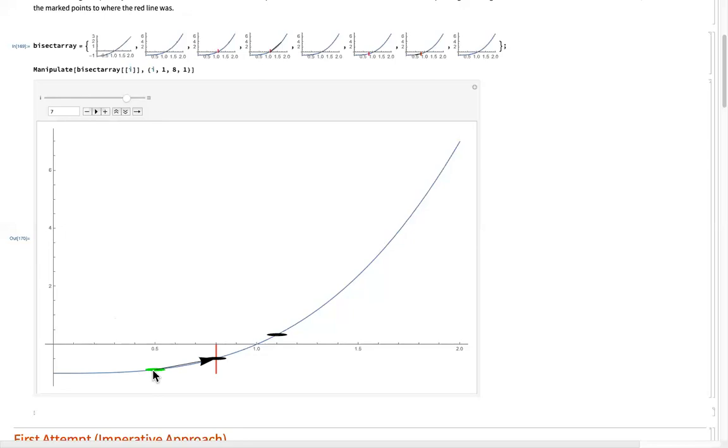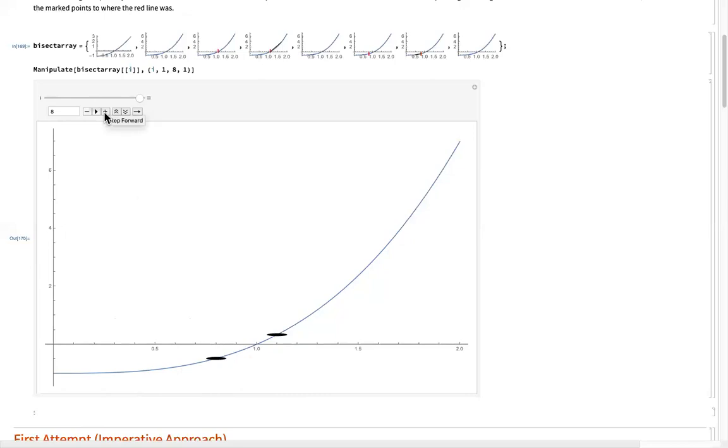Okay, so the lower point was over here at 0.5 and has now been moved up. And you see how the interval, which started out being at 1.7 and 0.5, has zeroed in and is squeezing in towards my solution. And if you keep iterating this over and over, you can get as close to this as you want.